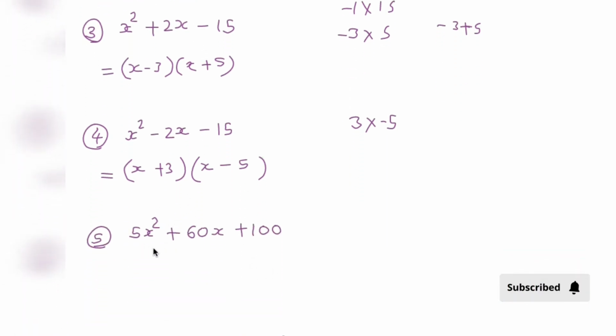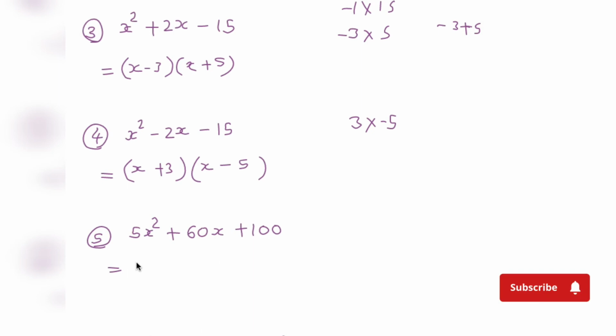Okay, now here 5x square plus 60x plus 100. First we have to look: can we take something common from the whole expression? If yes, please take it. Here 5, 60 and 100.